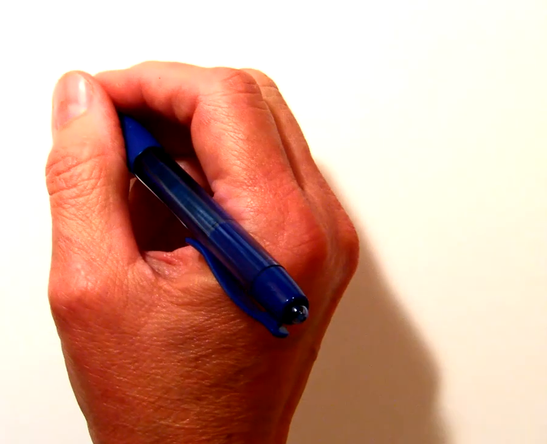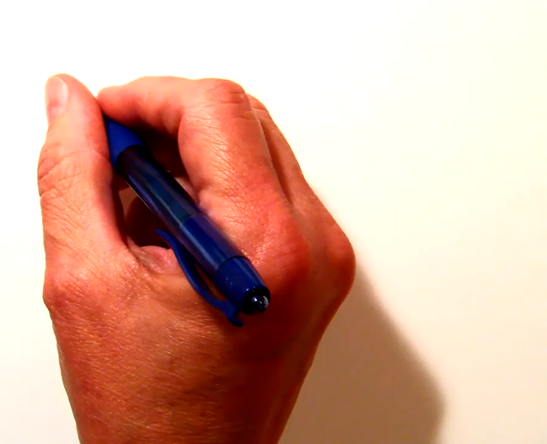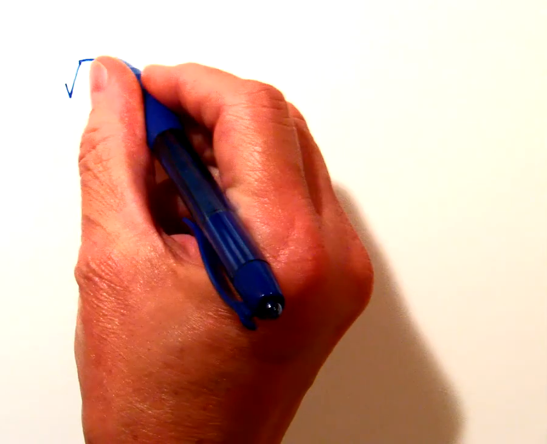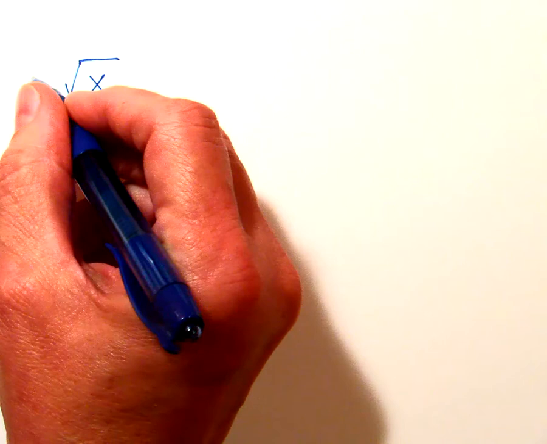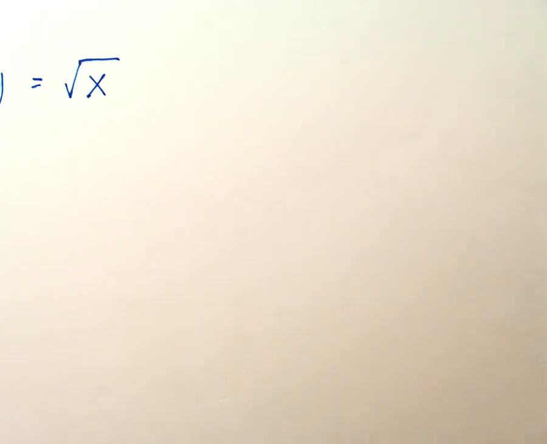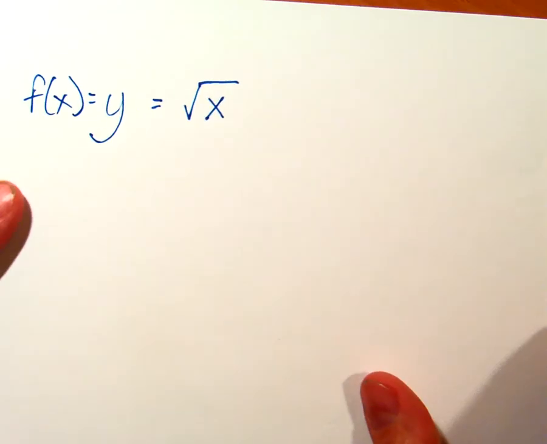Okay, so let's think about square root functions and what they look like. X is the input like it always is in a function, at least in our system. So this would then be the square root of x, and that's going to be y. It could also be f of x, depending upon how you want to write it.